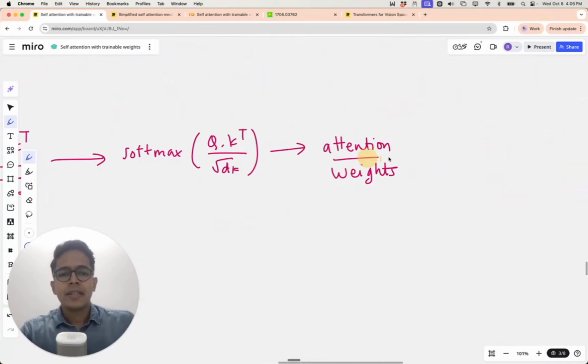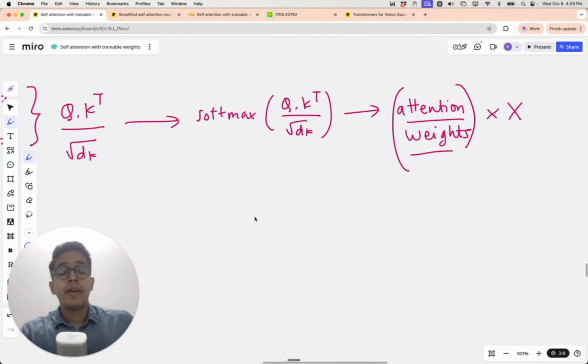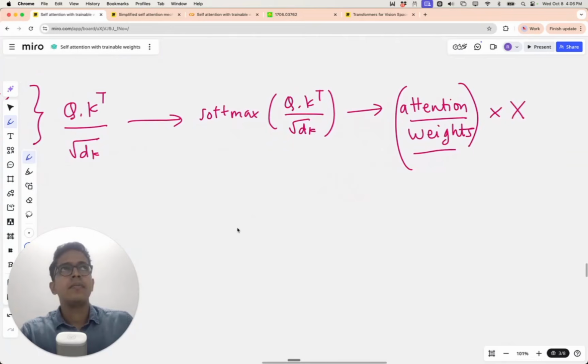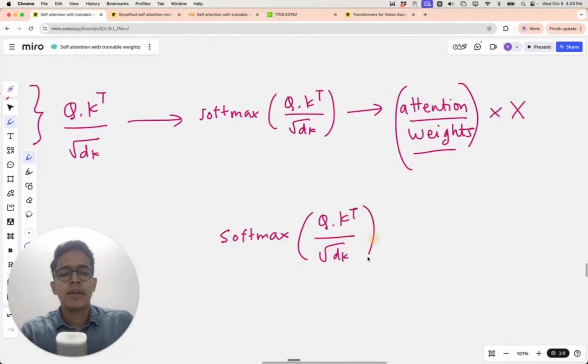We have the attention weights, and instead of multiplying these attention weights with the input embedding X, so if we were not having the value matrix, what we would have done was softmax of Q dot key transpose divided by square root of dimensionality of the key space multiplied by X, where X is the input embedding. This is what we would have done. Something like this. Not exactly this, something like this.